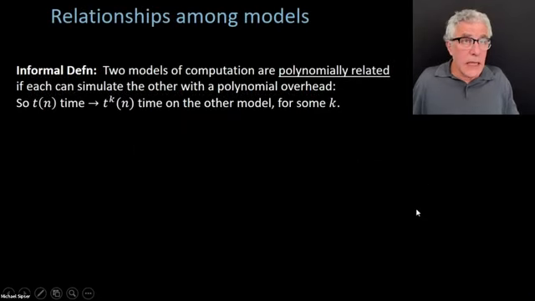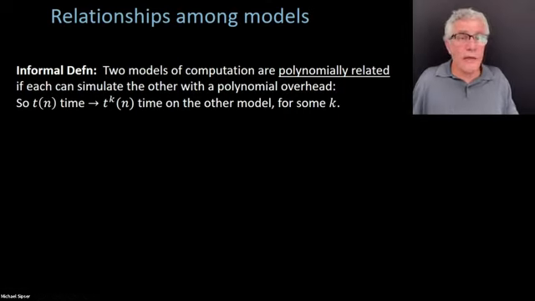The bottom line is that among all of the reasonable models, they're all what are called polynomially related, if each can simulate the other with at most a polynomial overhead. So if one of the machines can use T of n time, the other machine that's simulating it would use T to the K of n time for some K.